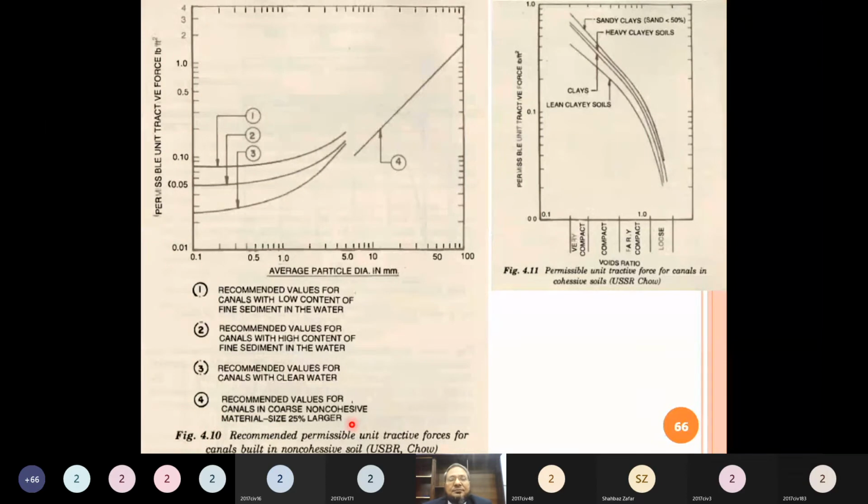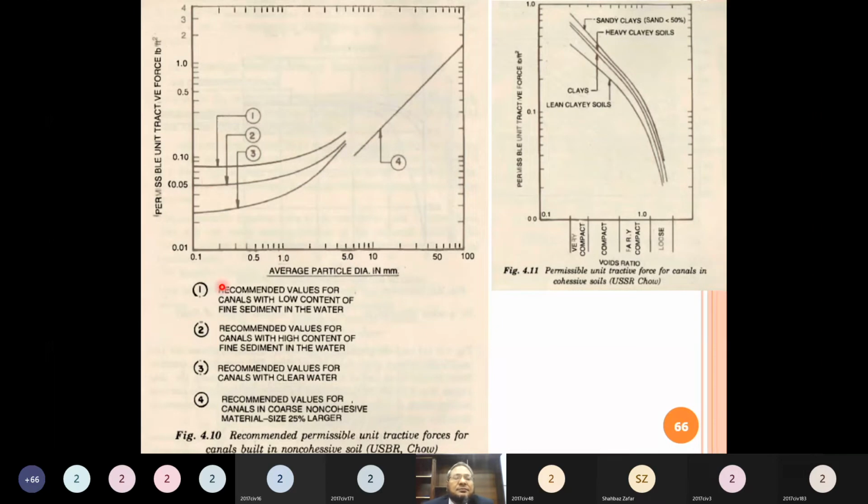Maybe 25% of larger size sediments are there. And you see that this is for coarse sediment, 5 millimeter से लेकर maybe up to 100 millimeter. It's very coarse. This is gravel bed, है ना? But this is the alluvial beds.